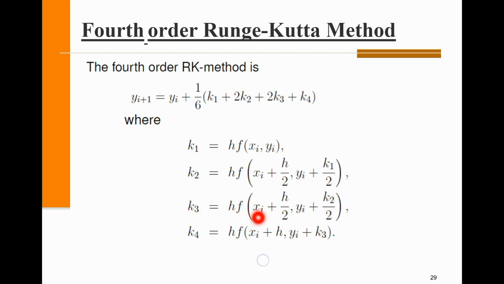K3 is h f of x i plus h by 2 and y i plus k2 by 2, and last we have k4, h f of x i plus h and y i plus k3. You can learn this formula easily. In k1 there is no shift, meaning no step taken forward. In k2 we have taken a half step. In k3 evaluation we again take a half step, and at last for k4 we take the full step.